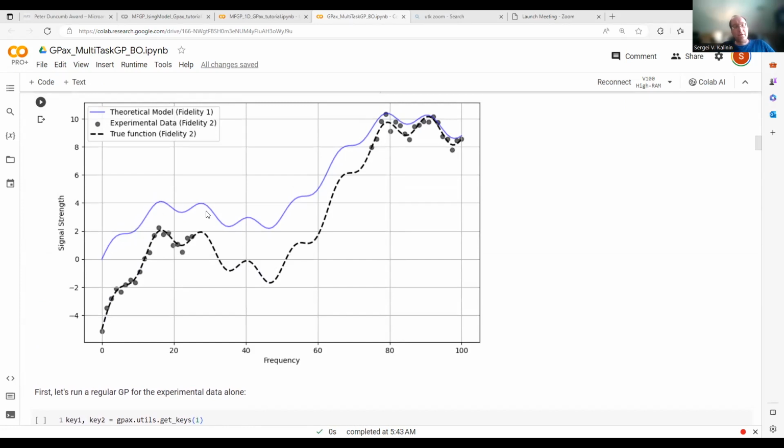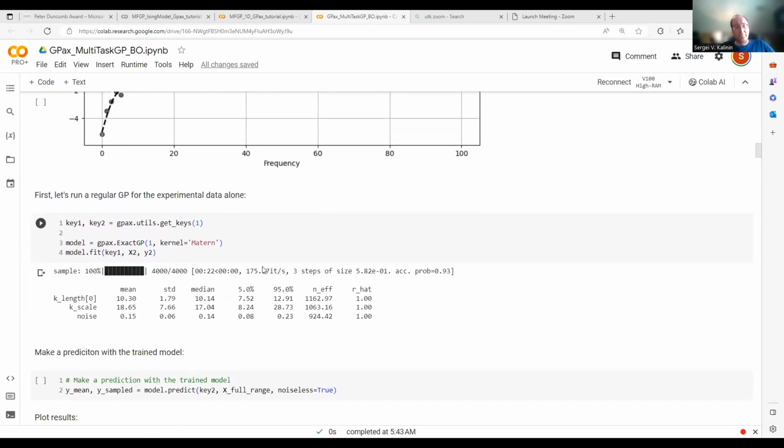So this is the example. This is the theoretical model. Theory is known everywhere. This is the true function for the experiment. These are the locations where the experiment has been taken. So you have access to the blue data, you have access to the black points, but you don't have access to the black curve. Ultimately, you want to discover the behavior of this black curve.